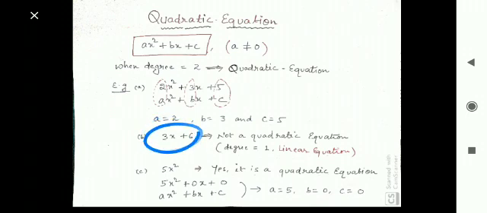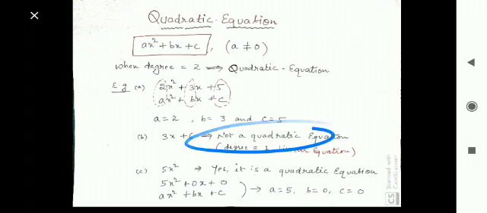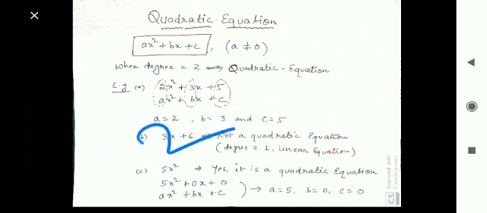See, the highest degree is 1, because here x is to the power 1. So if the degree is 1, then the equation is a linear equation. So it is not a quadratic equation, it is a linear equation. For being a quadratic equation, the degree must be 2, but here in this case the degree is 1.